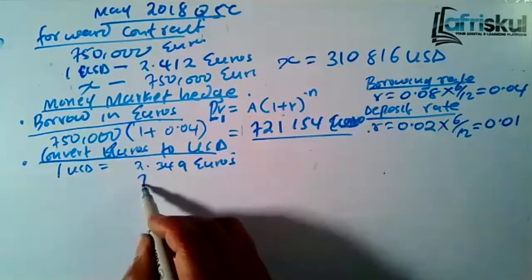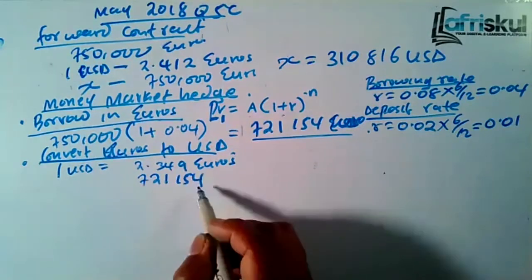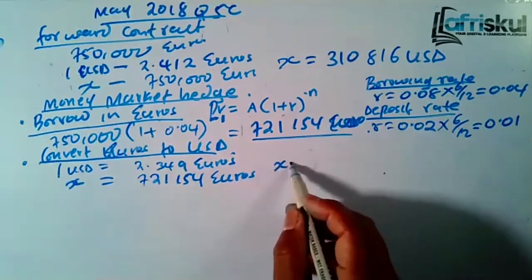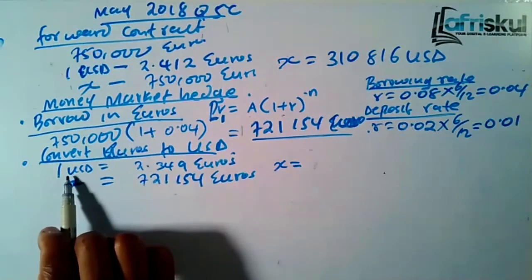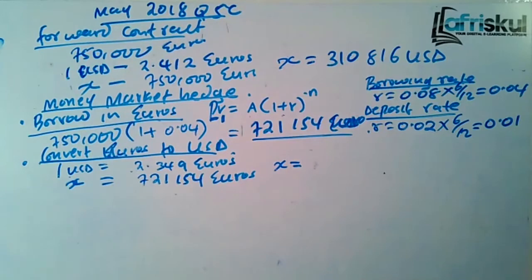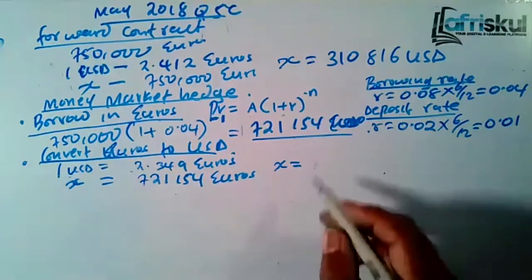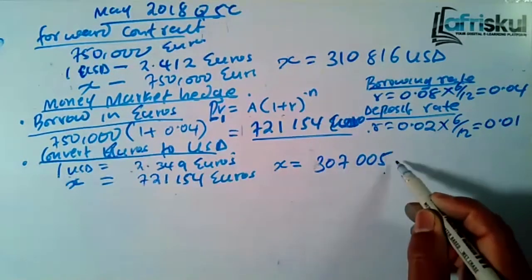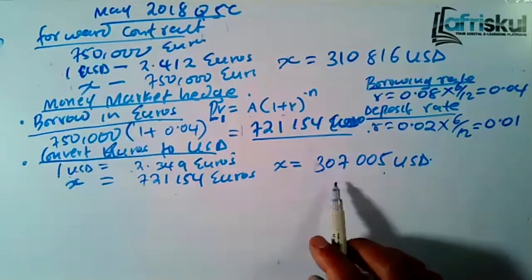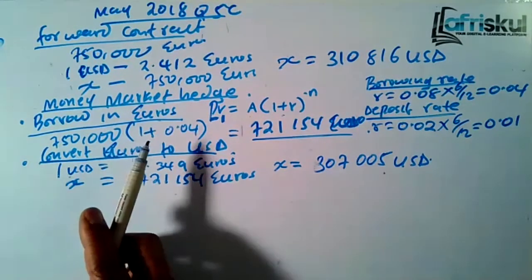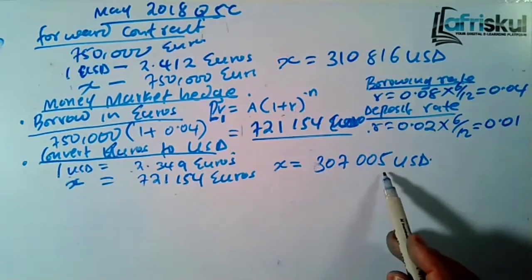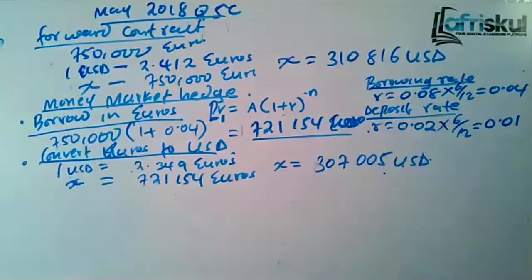What about 721,154 euros, how many US dollars will it be equivalent to? So it's 721,154 multiplied by 1, then you divide by 2.349. In that case, you'll get 307,005 US dollars. Now this is what you have. You borrow in euros, then you convert them into home currency, which is US dollars.